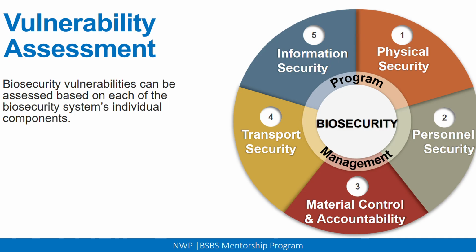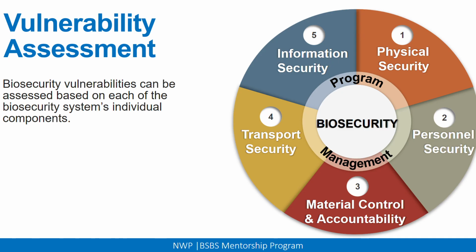So if there are a lot of gaps in the access, like people can physically access your agents, and there are breaches in the physical security, it means that the likelihood of an adversary coming in to get your agents increases. So mostly when we're doing a vulnerability assessment, we are looking at the chances of someone coming in to get your assets through the gaps in your 5 pillars.